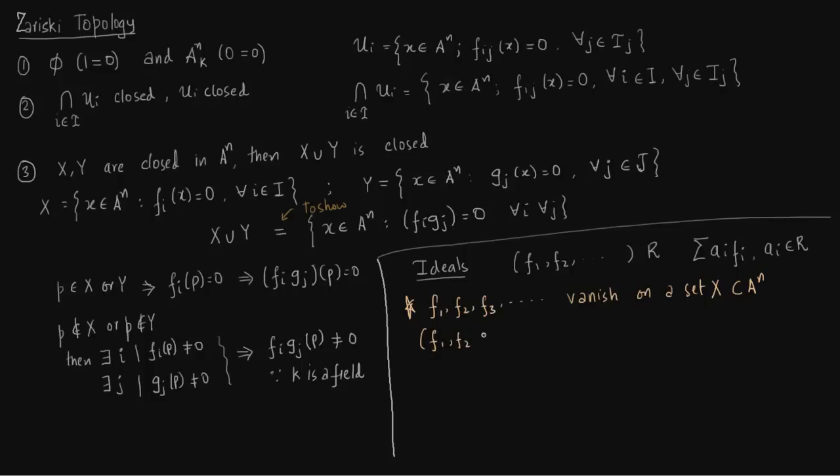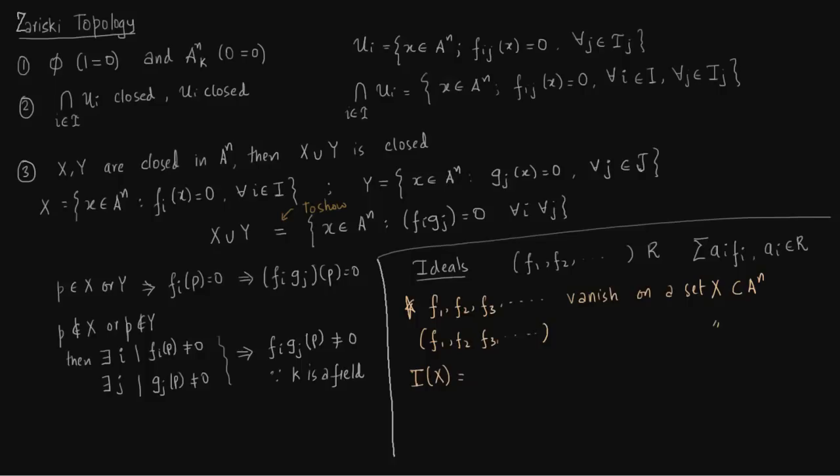Then anything generated by these polynomials, so the ideal generated by these polynomials also vanishes on the set X, because after all the ideal will be the summation as I have mentioned above, and when you start evaluating the summation at the point P lying in set X, the summation will vanish because each of the elements vanishes.